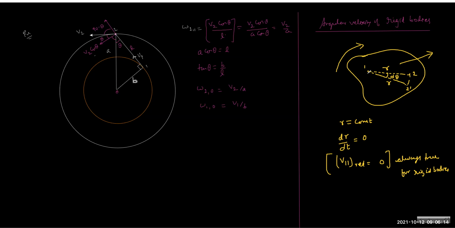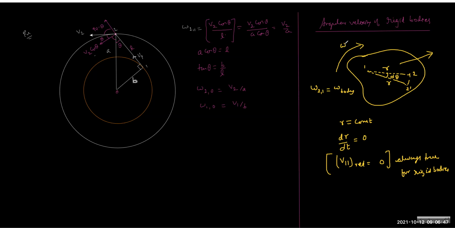And when you calculate omega relative in the case of a rigid body, it turns out to be the omega of the body itself. So although the way to calculate is exactly the same as we did for the previous question, once you calculate the omega relative for any randomly chosen two points, it turns out the answer is the same for the entire body.